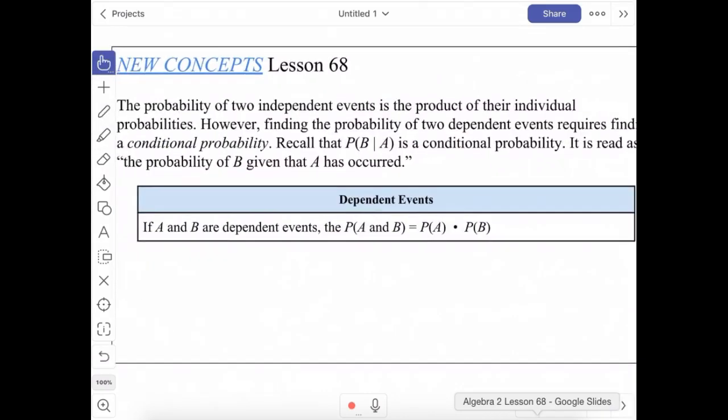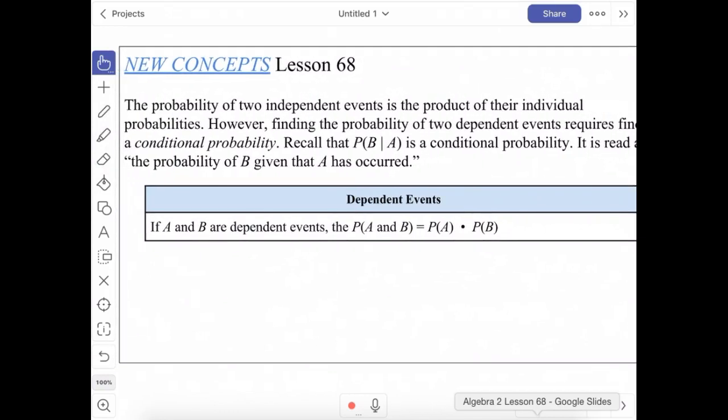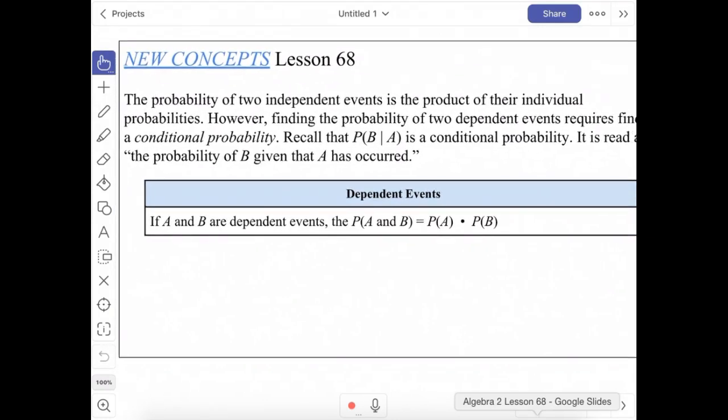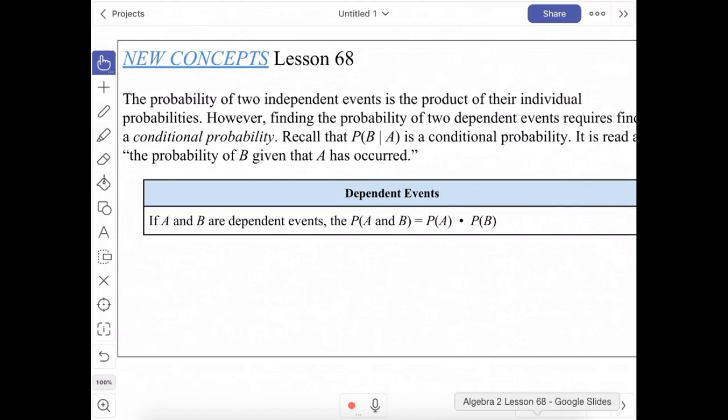All right, moving along. Lesson 68. So the probability of two independent events is the product of their individual probabilities. However, finding the probability of two dependent events requires finding a conditional probability. Recall that the probability of B given A is a conditional probability.